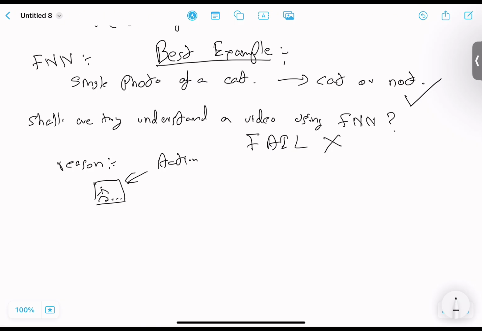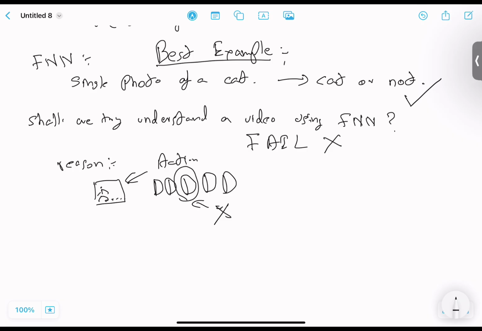If we want to look at the action, looking at just one frame isn't enough. As you know, a video is a series of photo frames. If we look at only one photo frame, can we identify what this video is about? We can't.